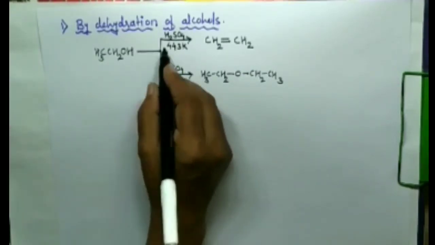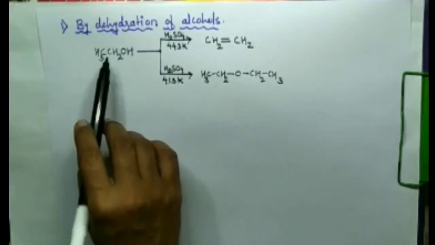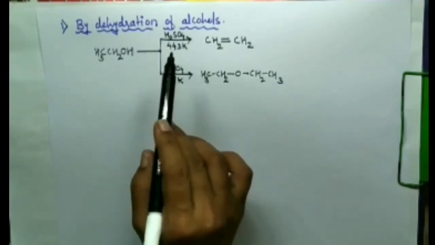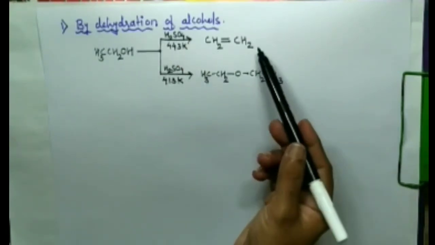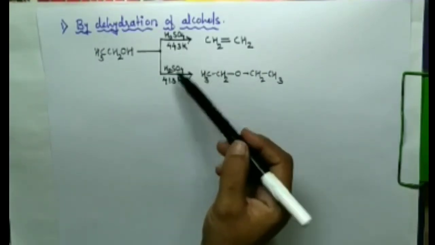So at a different reaction condition, a different temperature, when alcohol is treated with the acid H2SO4, it will give either alkene or ether. It depends upon the temperature.